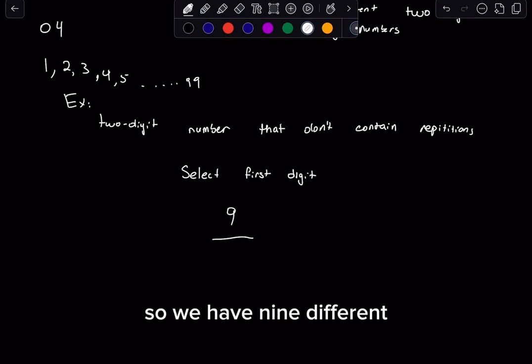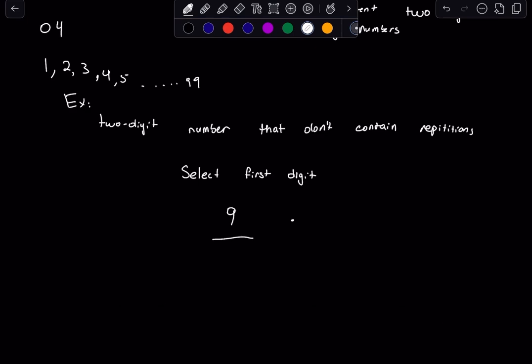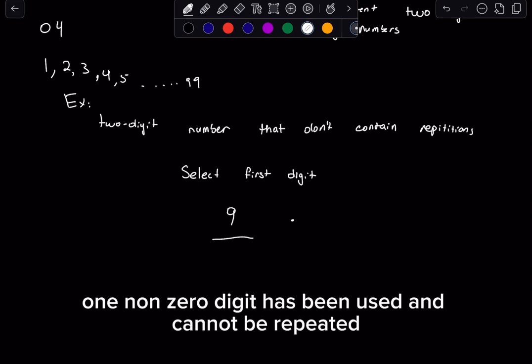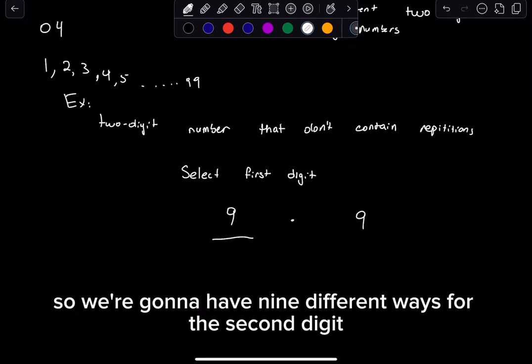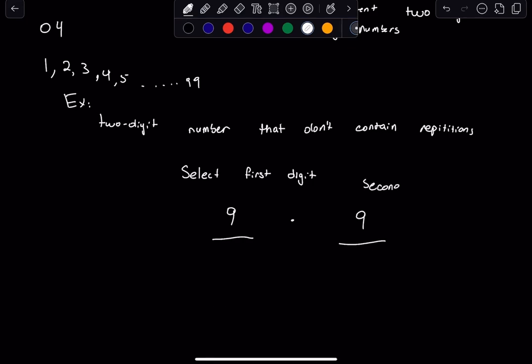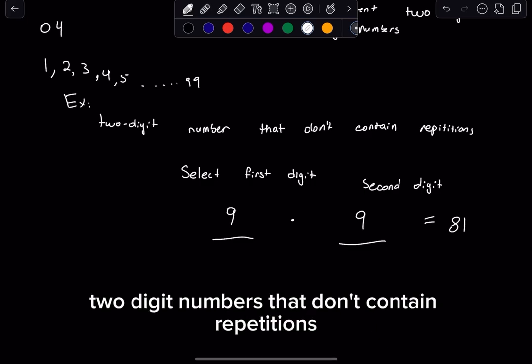So we have 9 different digits. And we have to subtract 1 from the second digit because one non-zero digit has been used and cannot be repeated. So we're going to have 9 different ways for the second digit instead of 10. Which leaves us with 81 two-digit numbers that don't contain repetitions.